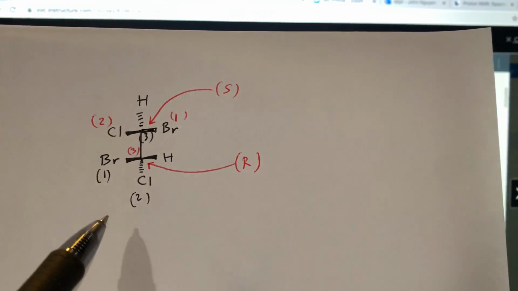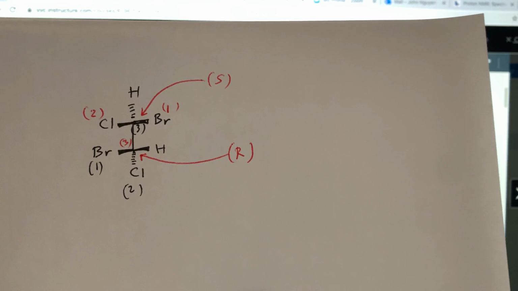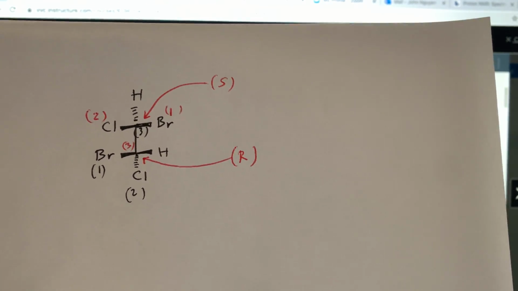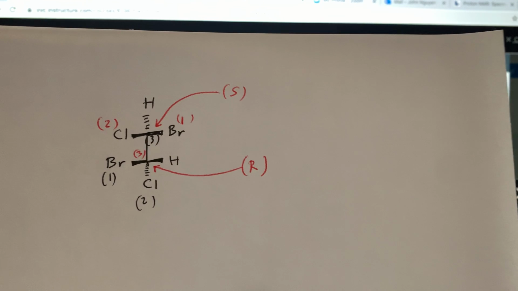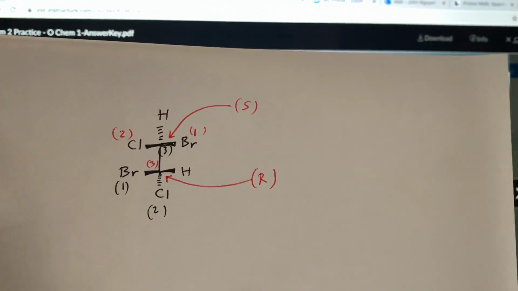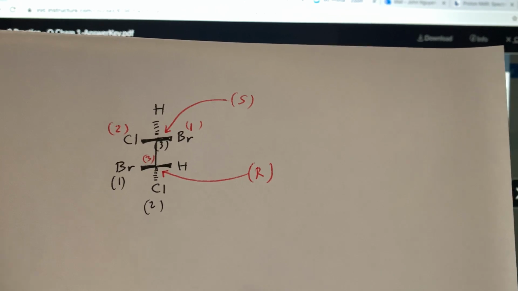They must cancel out. When they cancel out, this one is achiral. Overall, there's no net rotation. And this compound is also known as a meso compound, MESO. All right, so that's the reason why.